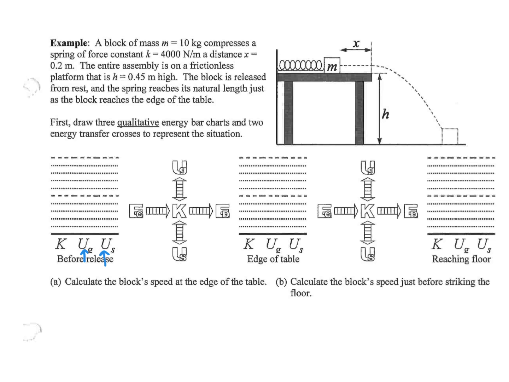So U gravitational is going to be equal to that mass, which is 10, times gravity, which is 10, times the height above the floor, which was 0.45. So this is going to be 45 joules. We've got 45 joules of energy here. Now, U spring, 1/2 k x squared, which is going to be 1/2 k, which is 4,000, times x, which was 0.2, squared.